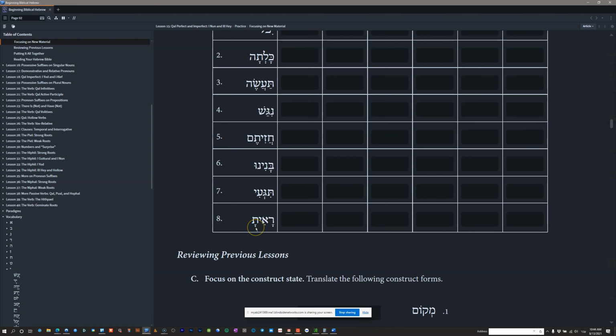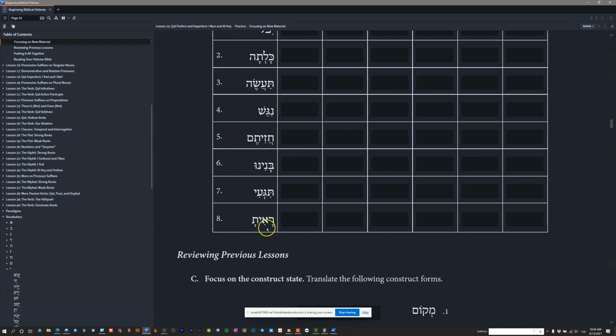Tav kametz. Do we ever add tav kametz as a suffix? Yes, in the cow-perfect 2MS, we add tav kametz as a suffix. So if we take that off, we're left with the root resh aleph yod. And again, yod as our 3rd letter doesn't make sense, but when we point that back to a III-Heh, and we transform the hiric yod back into a kametz heh, we have ra'ah. Is ra'ah a verb that we've learned?